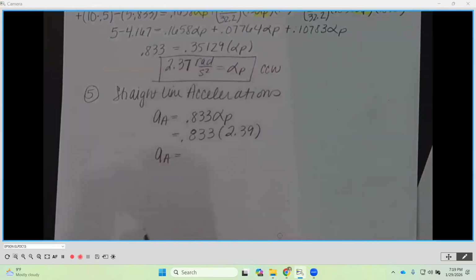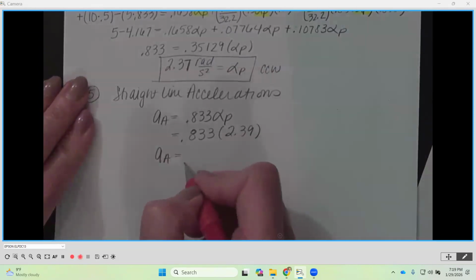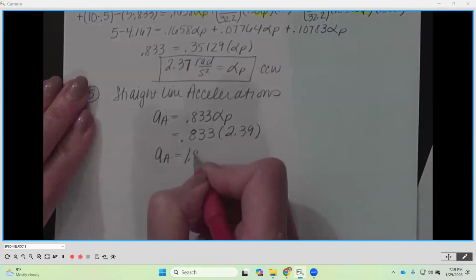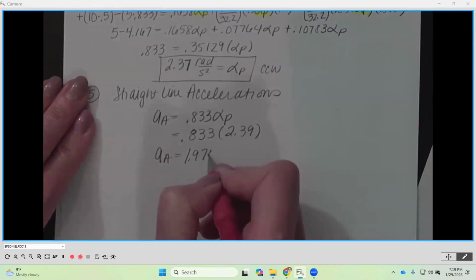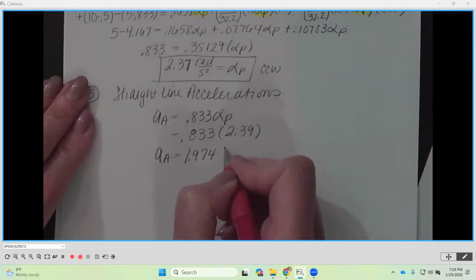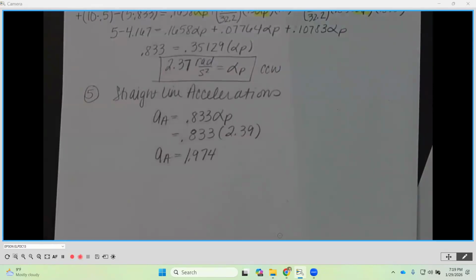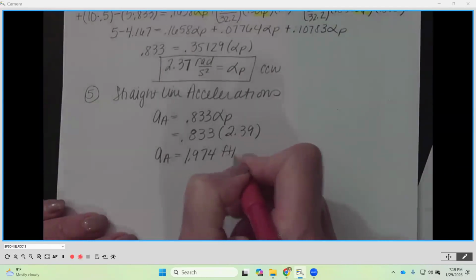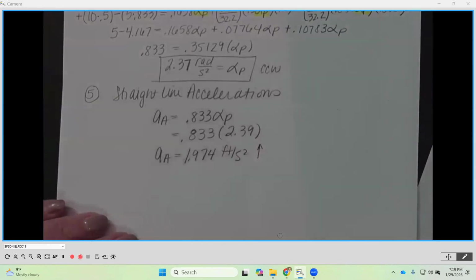Now, this is straight line acceleration, so the units are going to be, you guys tell me, what would the units for acceleration be here? I know what they are. I want to make sure you guys know what they are. Feet per second squared. Thank you. So feet per second squared, and it's going up.